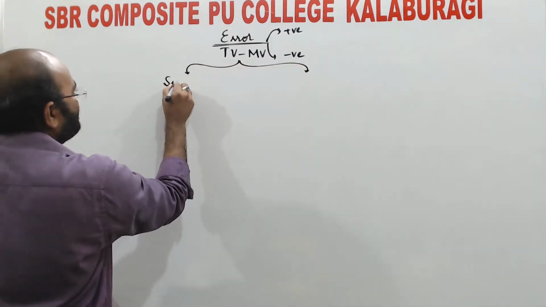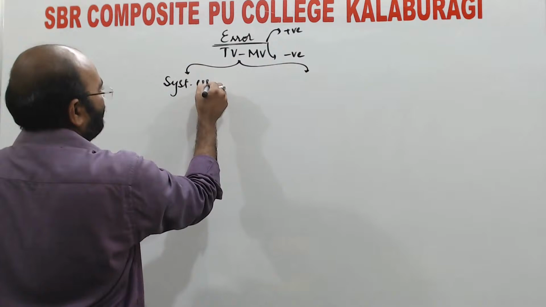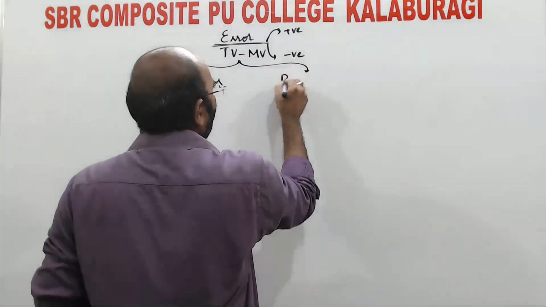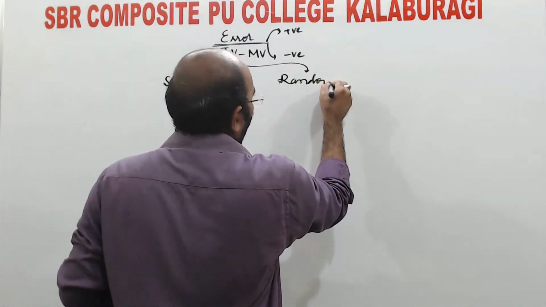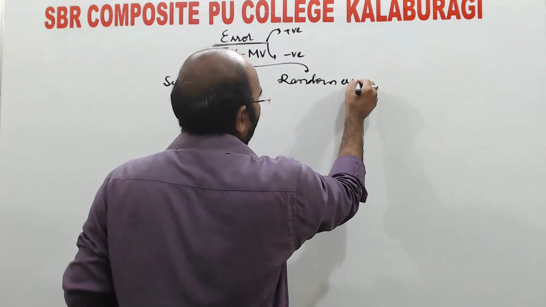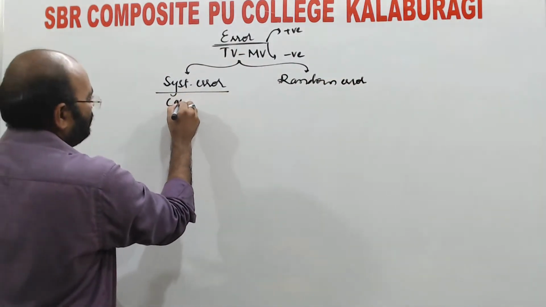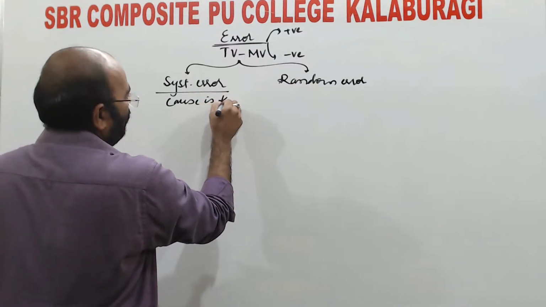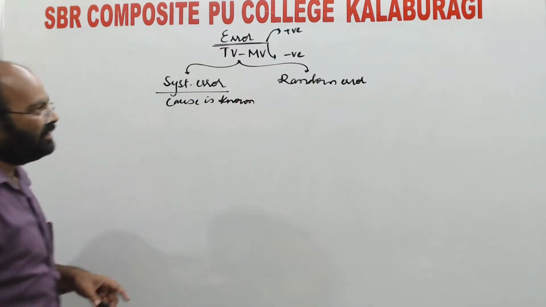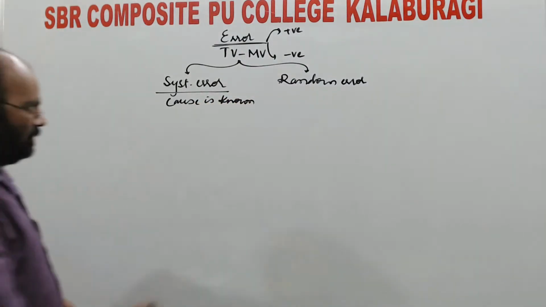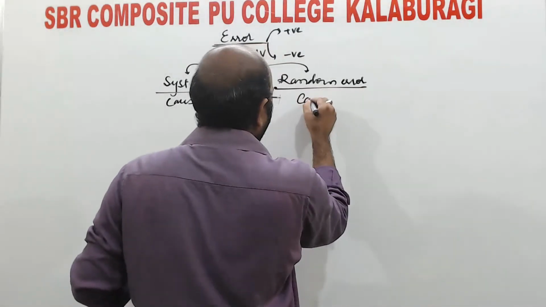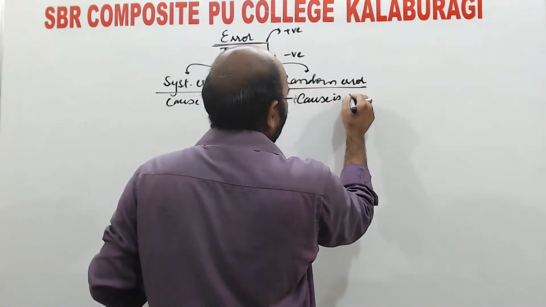One is called systematic error. The second is called random error. For systematic error, the cause is known. For random error, the cause is unknown.